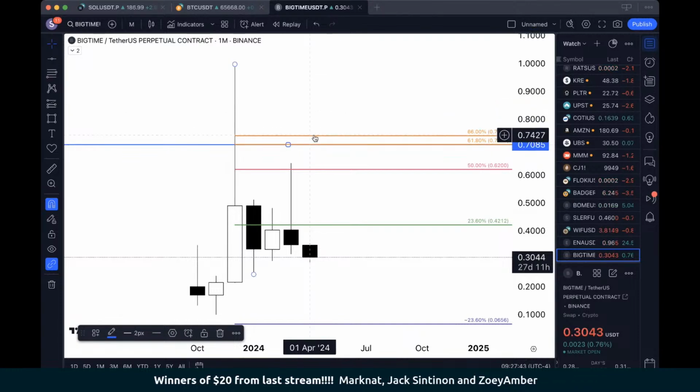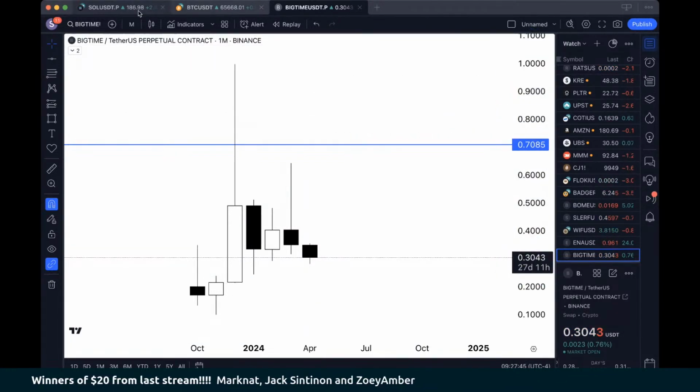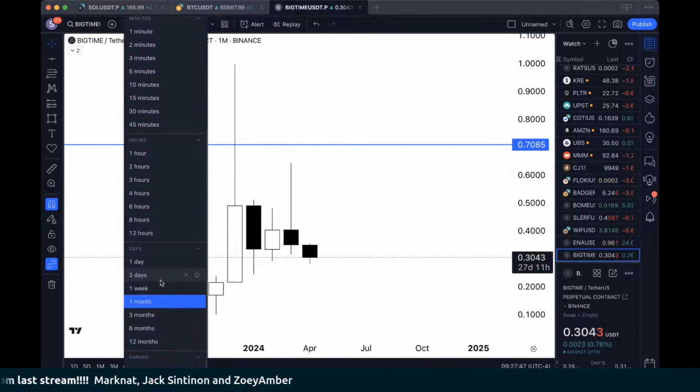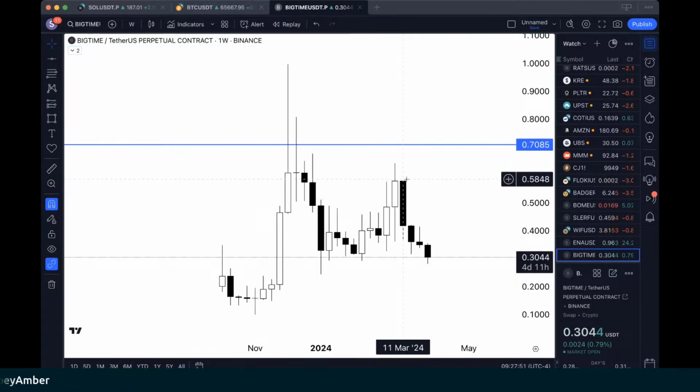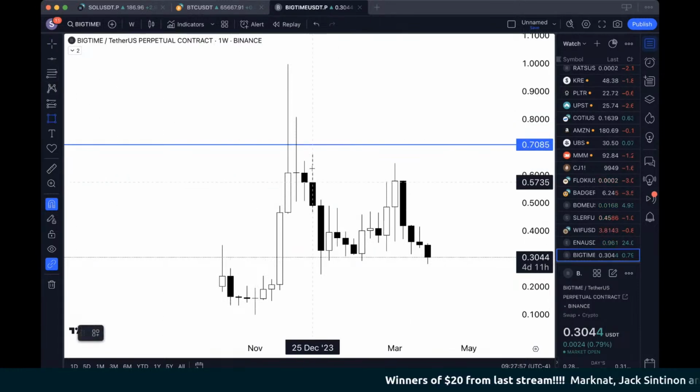There. But I'm going to delete that because it just doesn't make a ton of sense. And you work your way up. So this area right here to me makes a lot of sense.